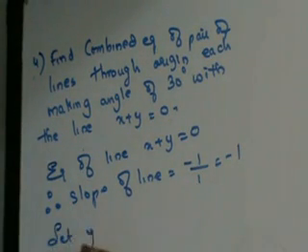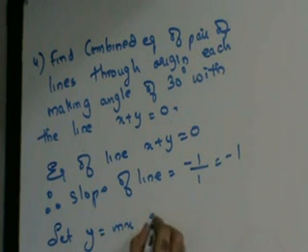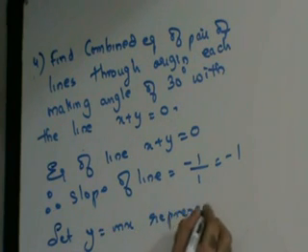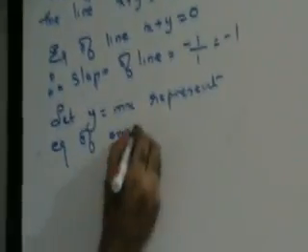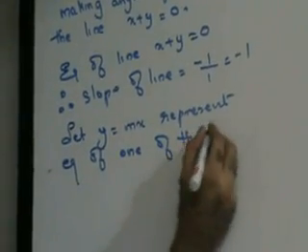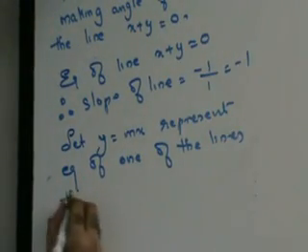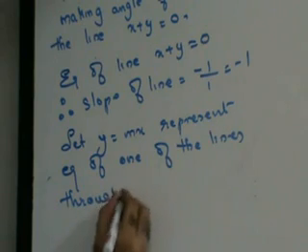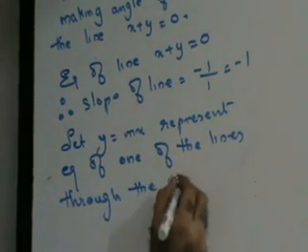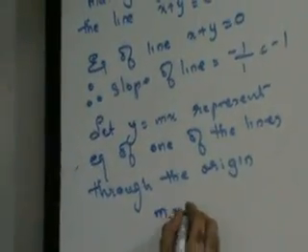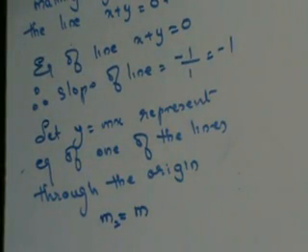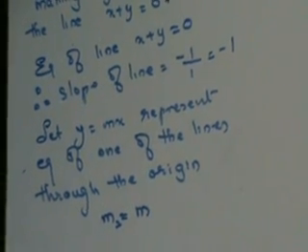Let y is equal to mx represent one of the lines through the origin. Therefore, the slope of this line is going to be m. The slope of previous line was minus 1.